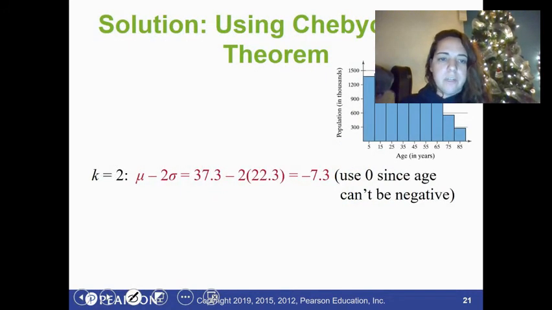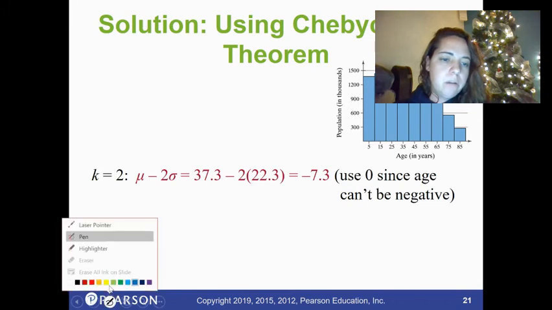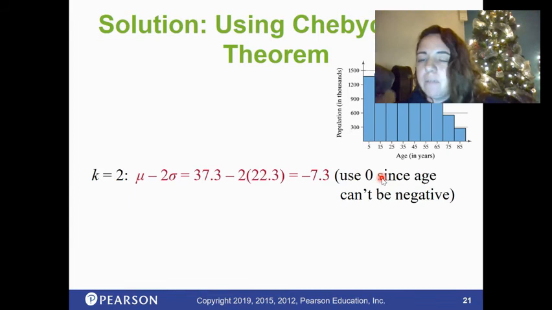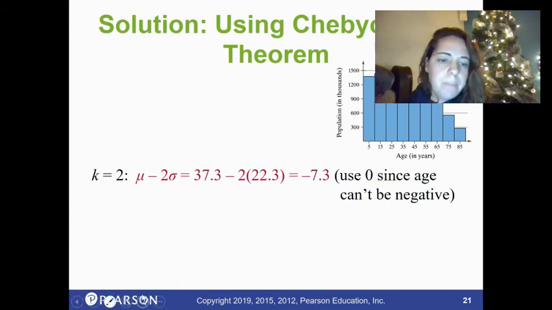Let's look at what they said officially. Okay, so they did the whole, use my little pointer now instead of my pen. They did the whole 37 minus 2 times the standard deviation, which was a negative number and you can't have a negative age, right?